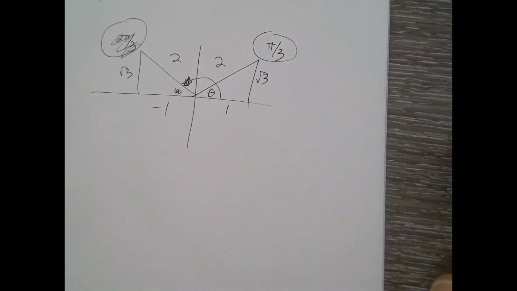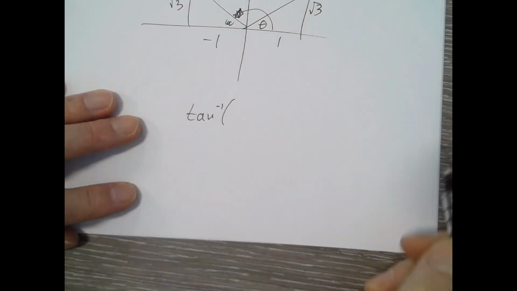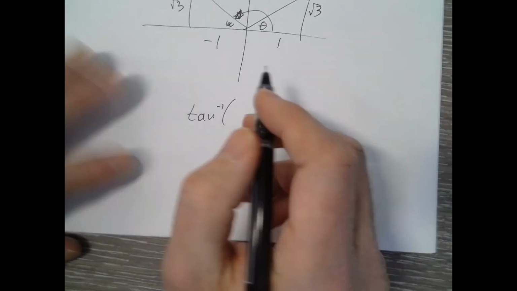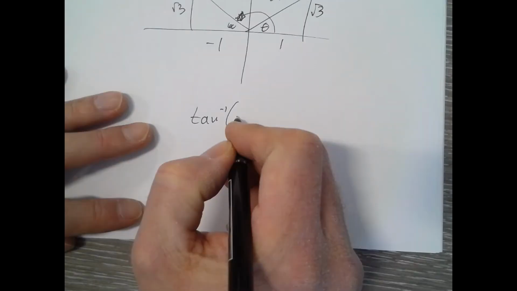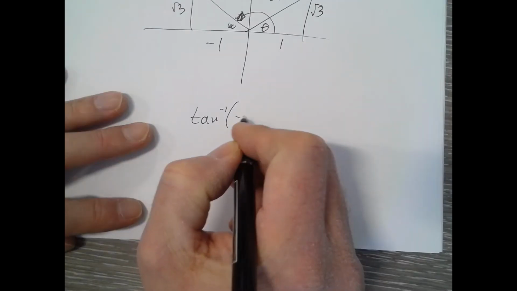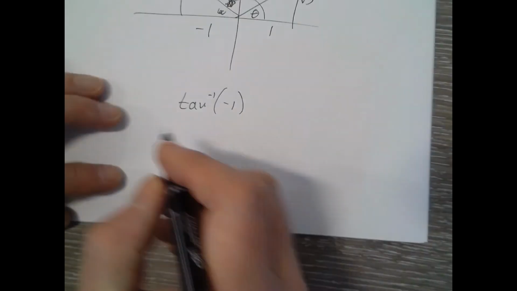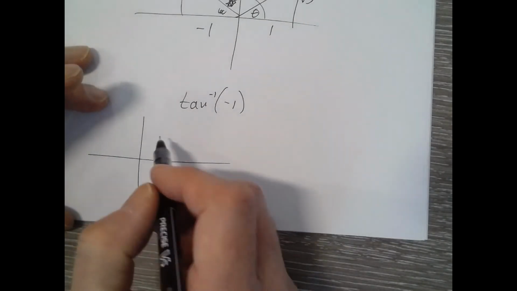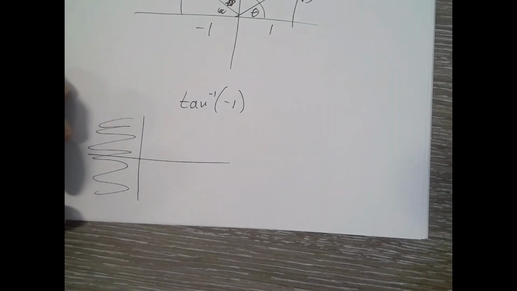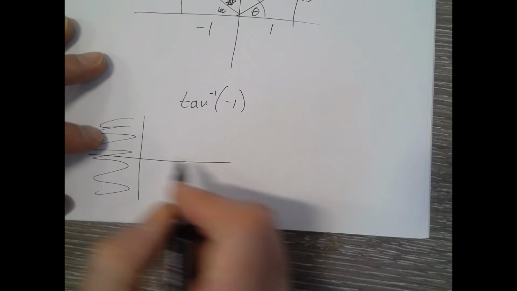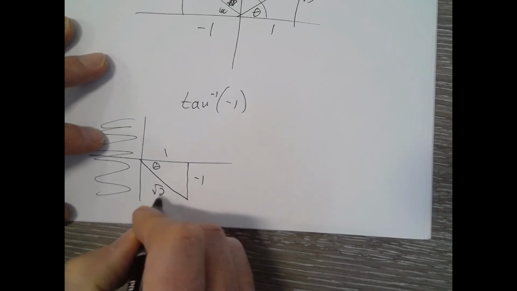Alright, so what if I had the inverse tangent of negative 1? What angle has a tangent of negative 1? Remember, inverse tangent exists in quadrant 1 or quadrant 4. Well, this angle right here has a tangent of negative 1.